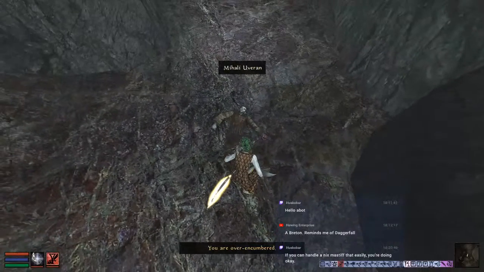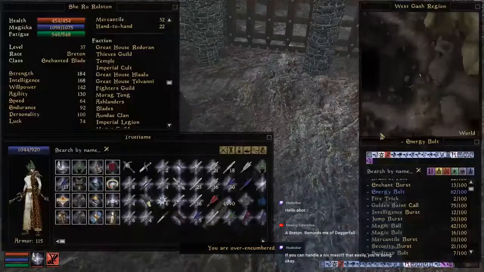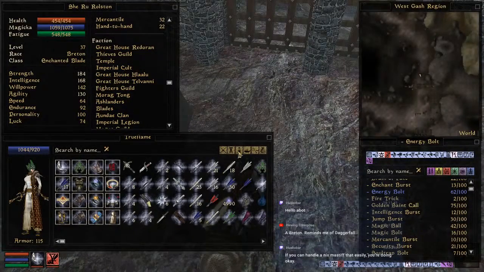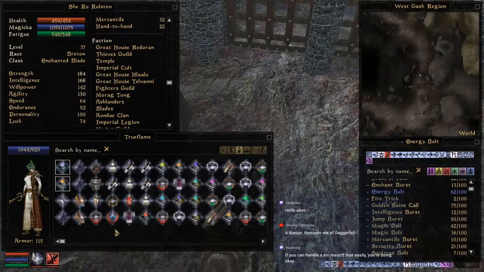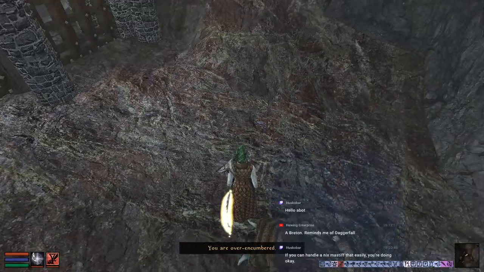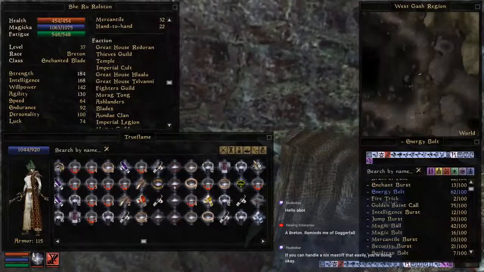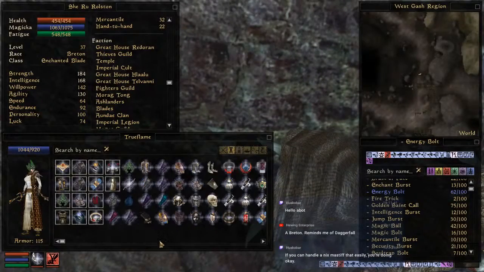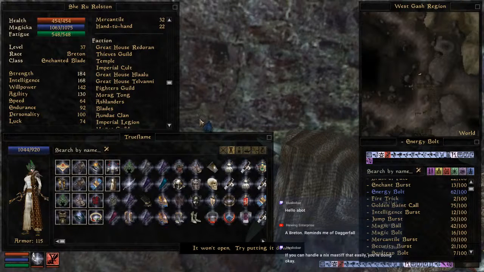Oh, I can remove these dead NPCs because the quest is already done, but not sure about it. So let's see if I can find something inside here.